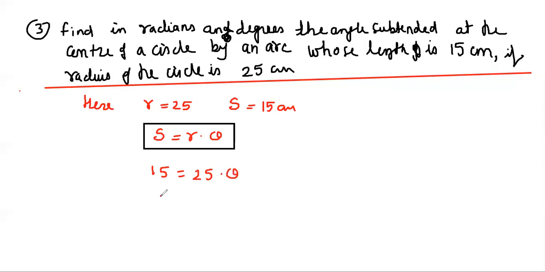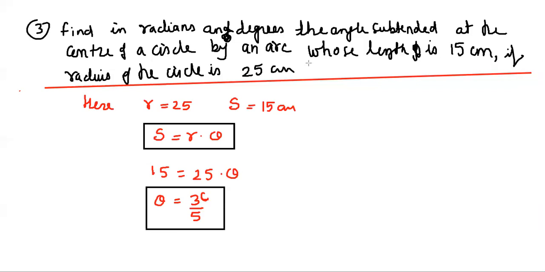So I could write down here theta is equal to 15 upon 25. So that is 3 5s, 3 3s, and 3 5s, 3/5, in radians. So I got theta as 3 upon 5 radians.